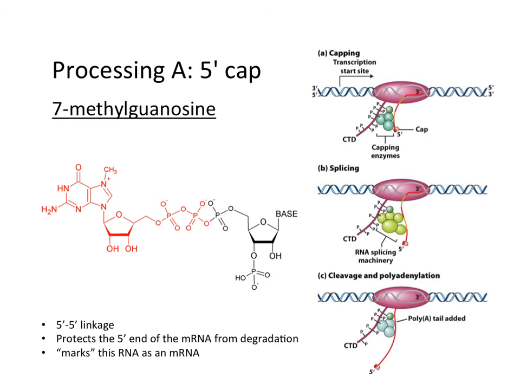Please do not feel obliged to remember the details of capping. The only thing I want you to remember about capping necessarily is what the cap is. What is this physical structure that's attached to the 5' end of a transcript? It's a nucleotide. It's a special type of nucleotide, but that's all it is. It's a single nucleotide that gets stuck on the 5' end of the transcript. The nucleotide happens to be 7-methylguanosine.